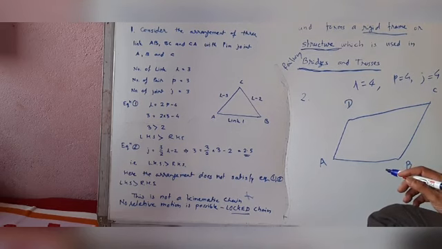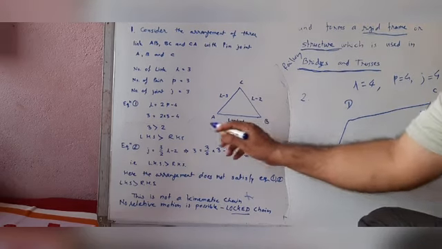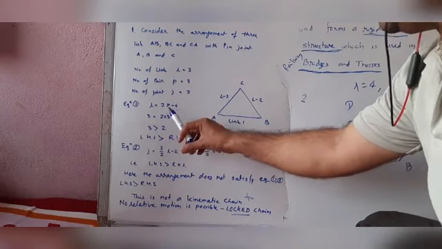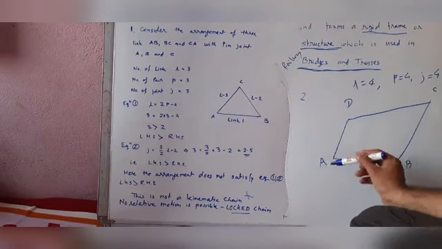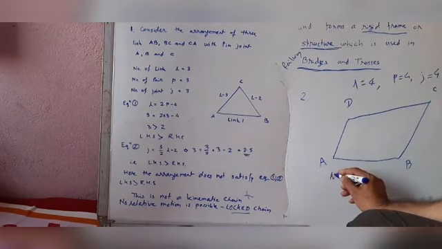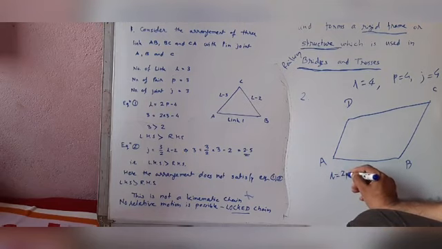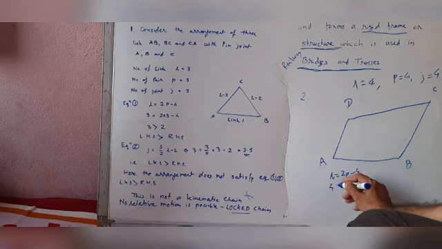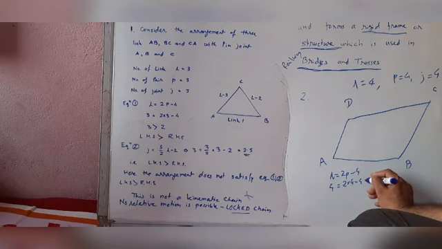So from equation 1, L equal to 2p minus 4, this is 4 equal to 2 into 4 minus 4, which is 8 minus 4.